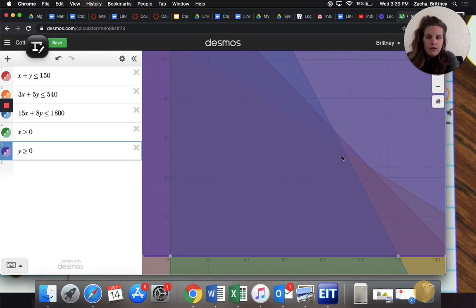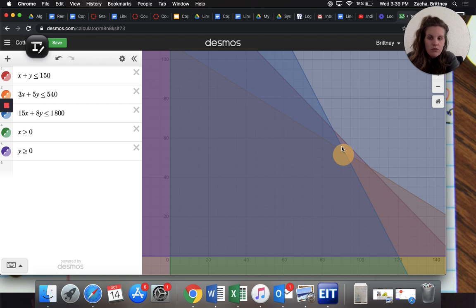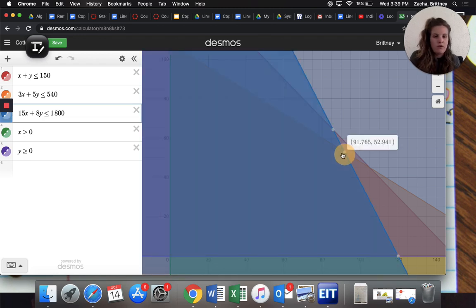And so that was here, that blue and orange system. And so notice we get 91.765 and 52.941. All right. So that is how you can solve for each of your intersection points and prove that Desmos did find them correctly for the next step in your process.